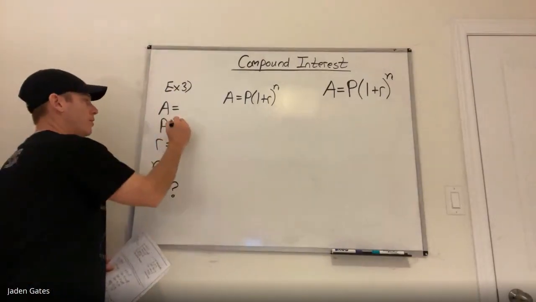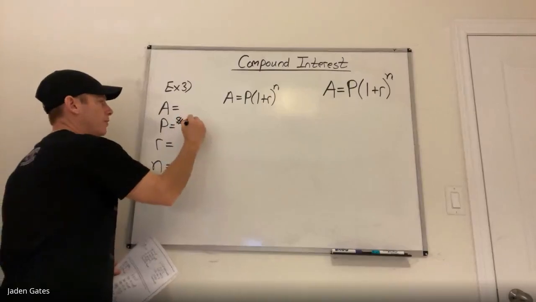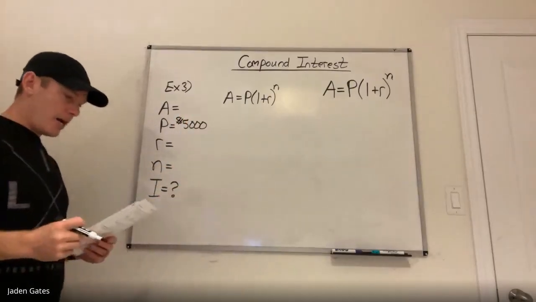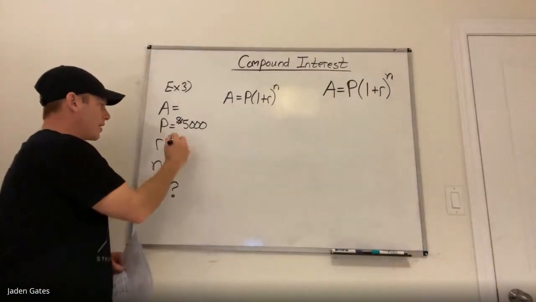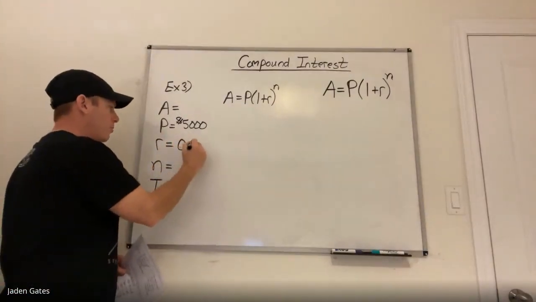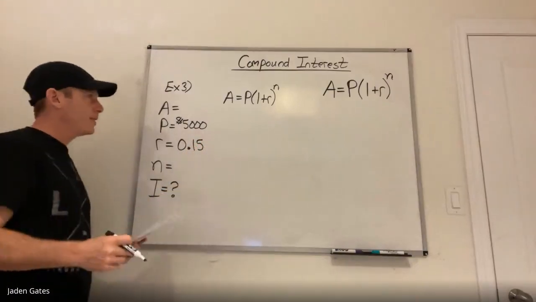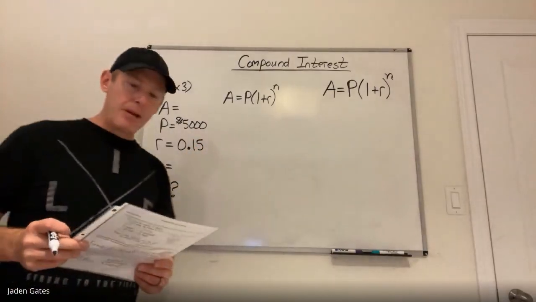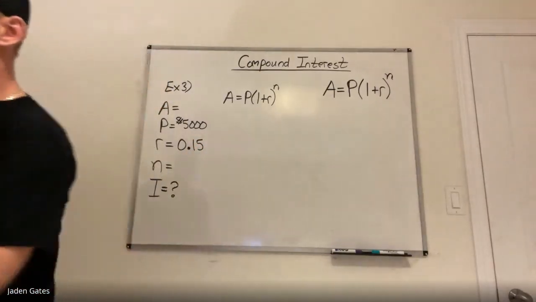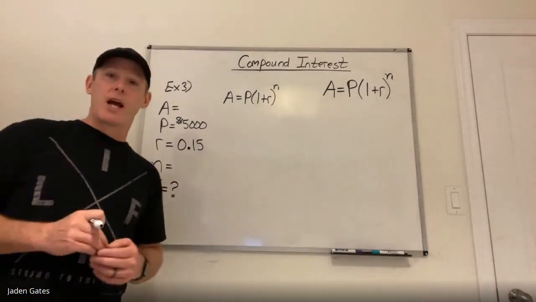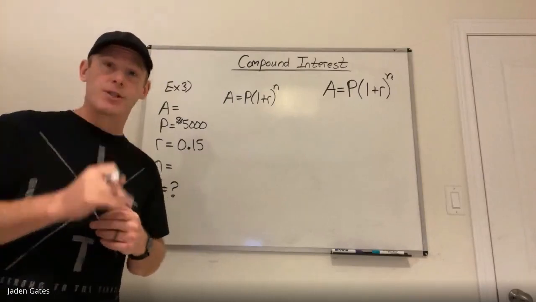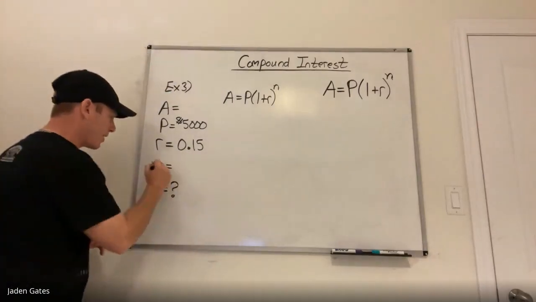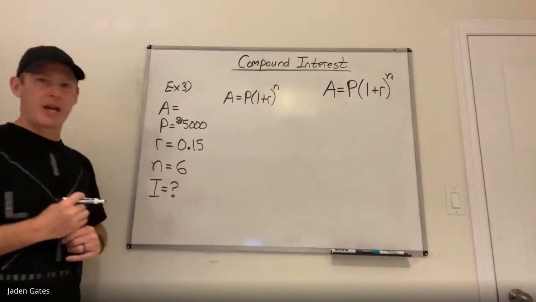That is still your principal. It is at a rate of 15%, so again, I'm going to convert that to a decimal. It's going to be 0.15. Now it is being compounded annually for 6 years. So that means the interest is added after year 1, year 2, year 3, year 4, year 5, and year 6. 6 times, that's N, the number of times the interest is being added.